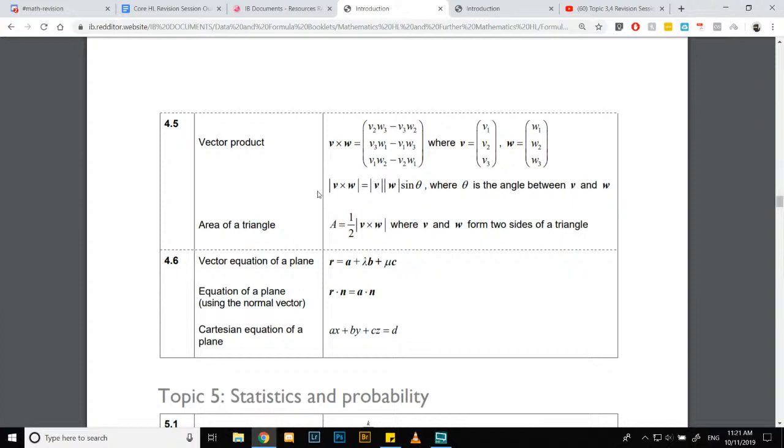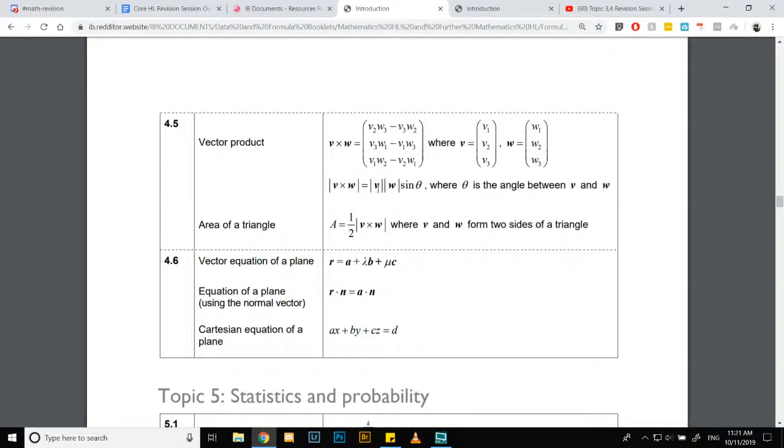This makes sense because, if you look right over here, this is another definition of the cross product, which is in the formula book. You have to be able to know this: the magnitude of the cross product is also equal to the magnitude of v times the magnitude of w times sine theta.